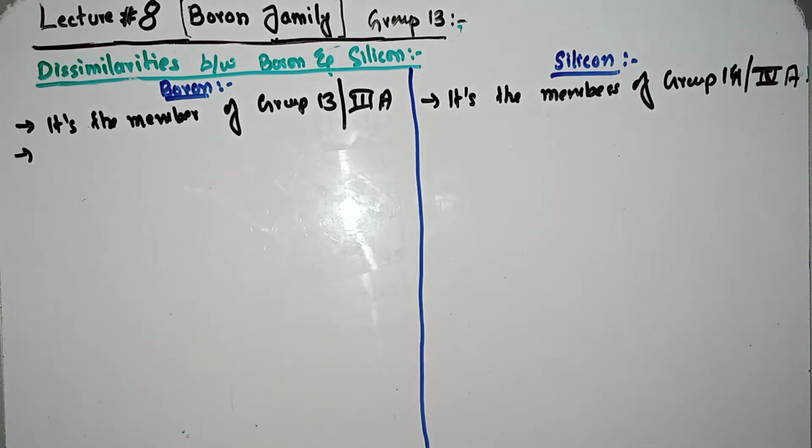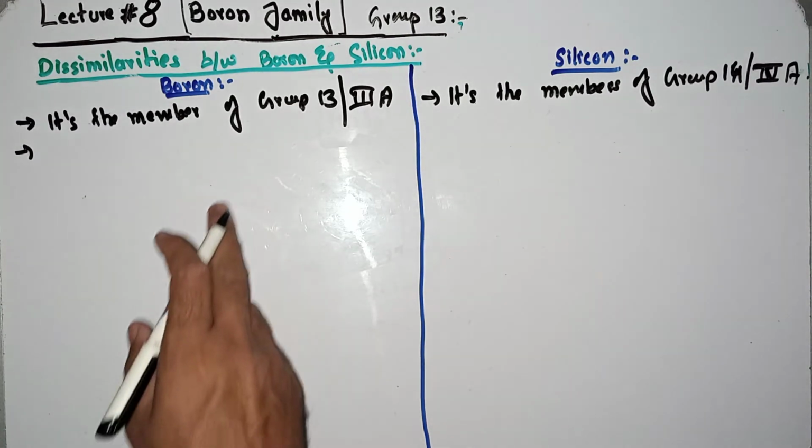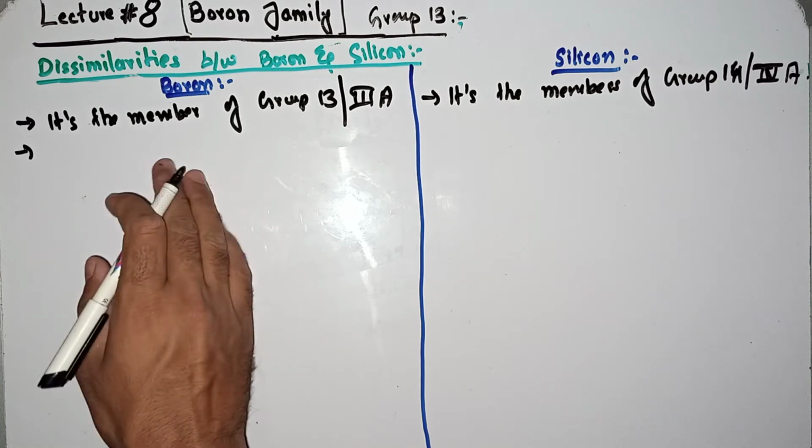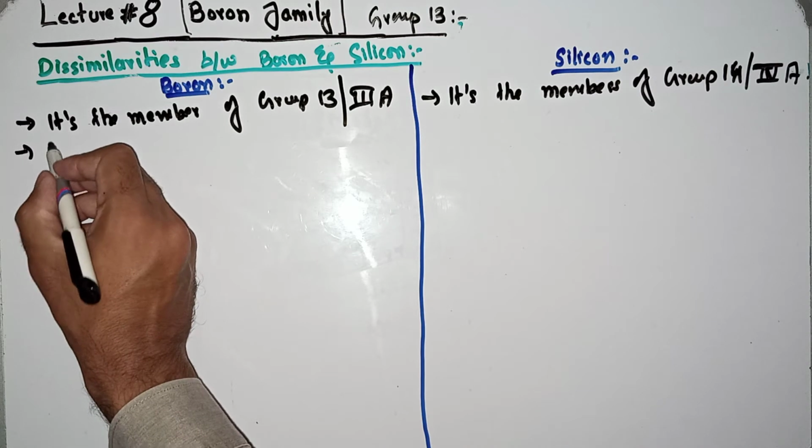The valence electrons of group 13 are 3 in number, while the valence electrons of group 14 are 4.